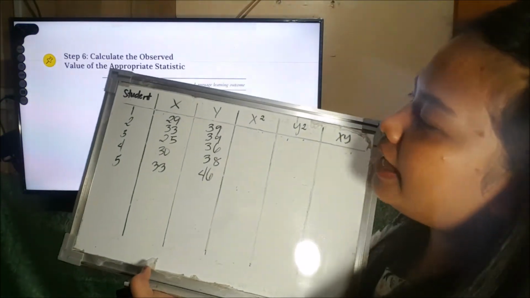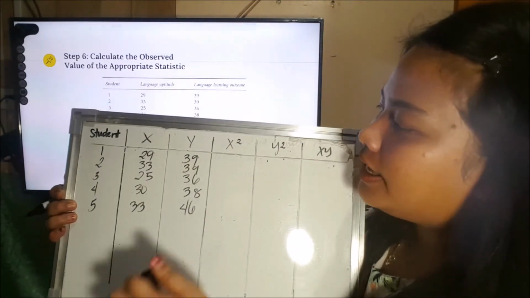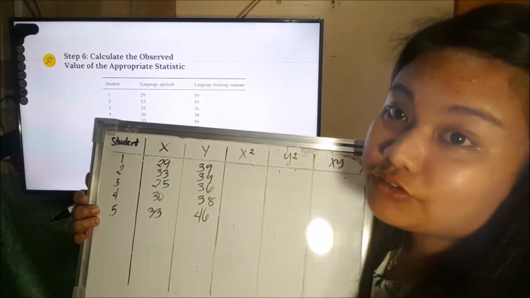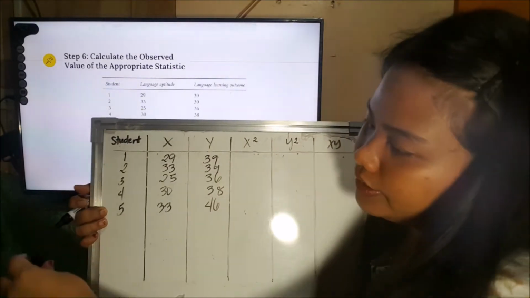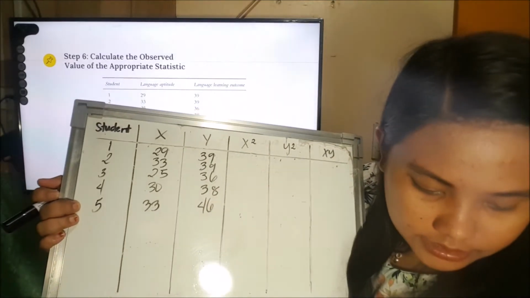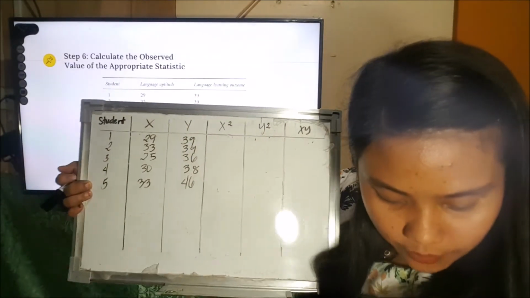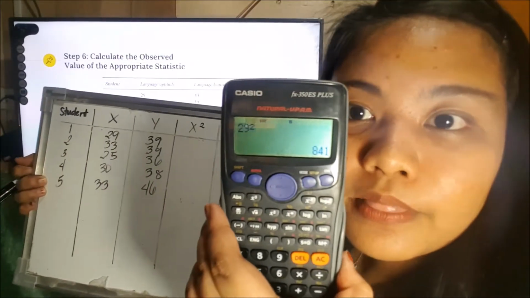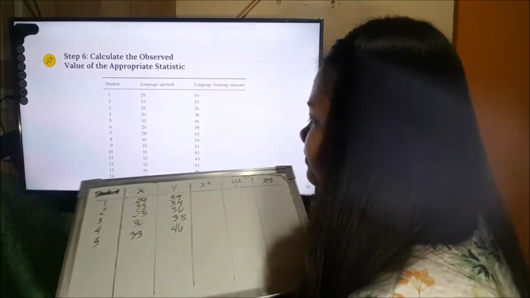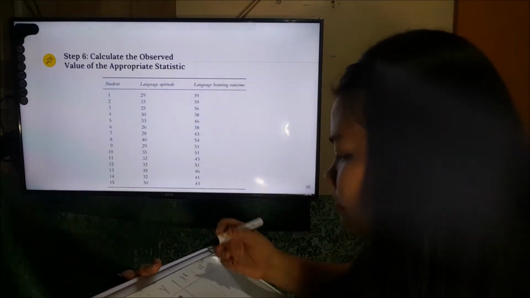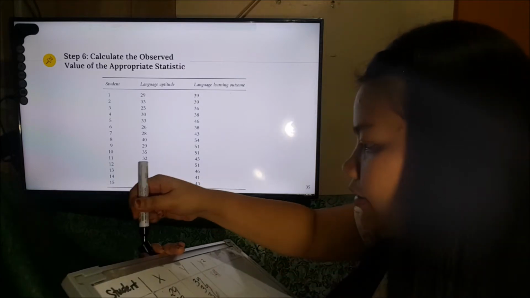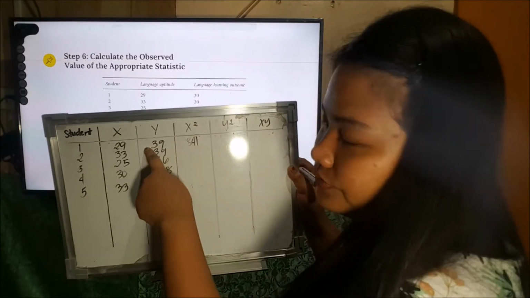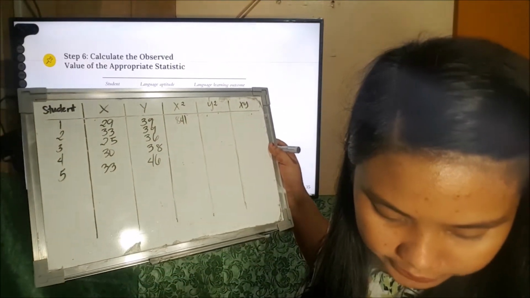Okay? So what we have to do next for the next column is to just square the value here. Since we're asking for x squared. So 29 squared. Let me use a calculator. 29 squared is 841. For y squared, just have to multiply this value with itself. 39 times 39.